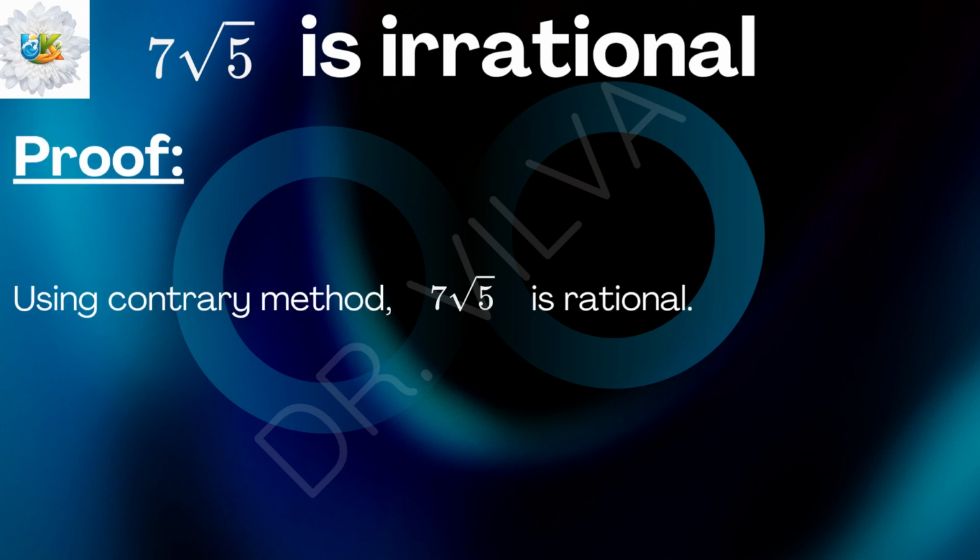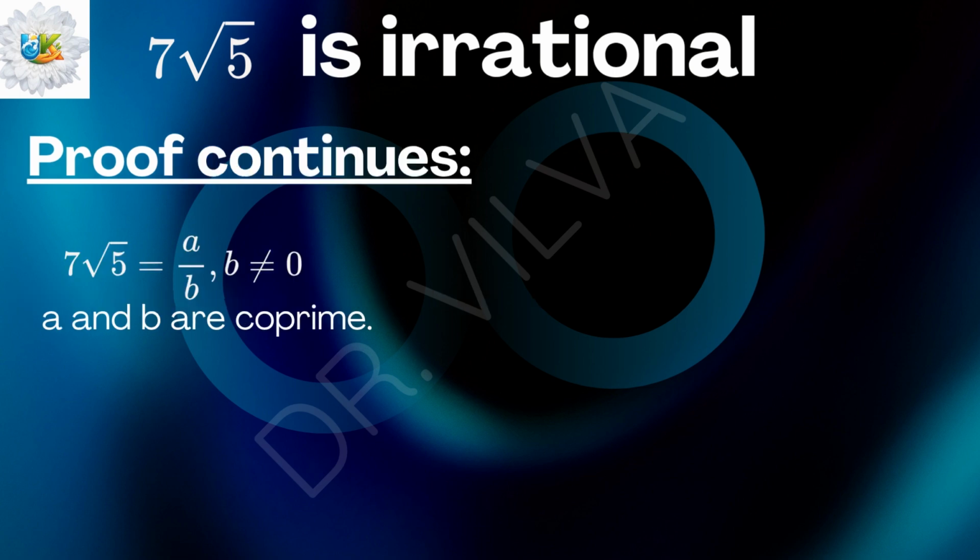To prove this, as usual, we will use a proof by contradiction. First, let us assume the opposite. Suppose 7 times square root 5 is a rational number. If that is true, we could write it in the form a by b, where a and b are co-primes. Of course, b should not be equal to 0.